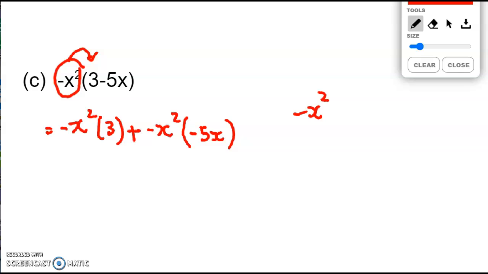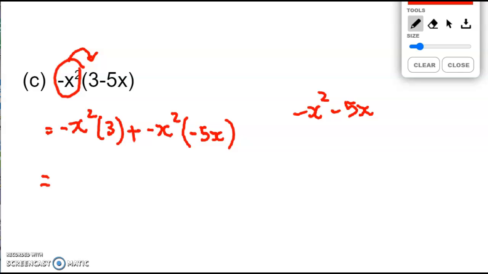They're not like terms. You can't add or subtract this. Whereas when you're multiplying negative x squared times negative 5x, the parenthesis tells you that this is multiplication, not addition.